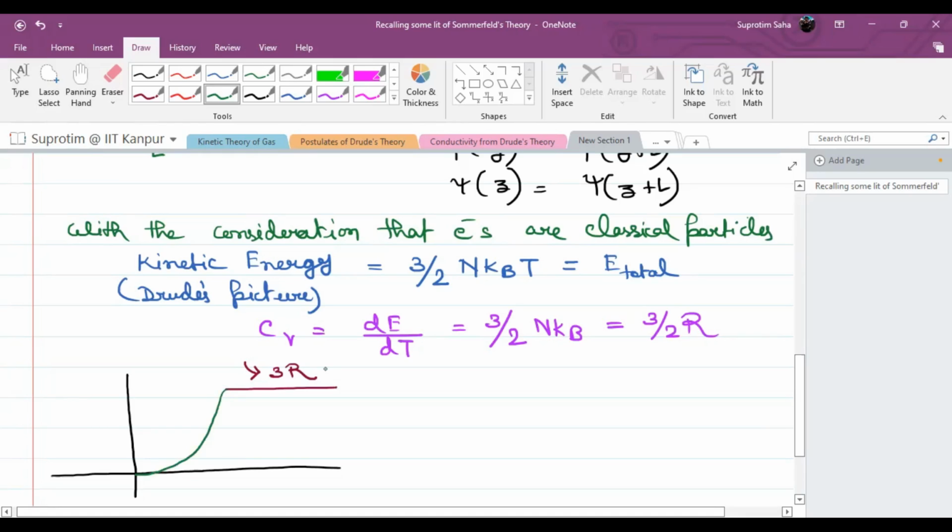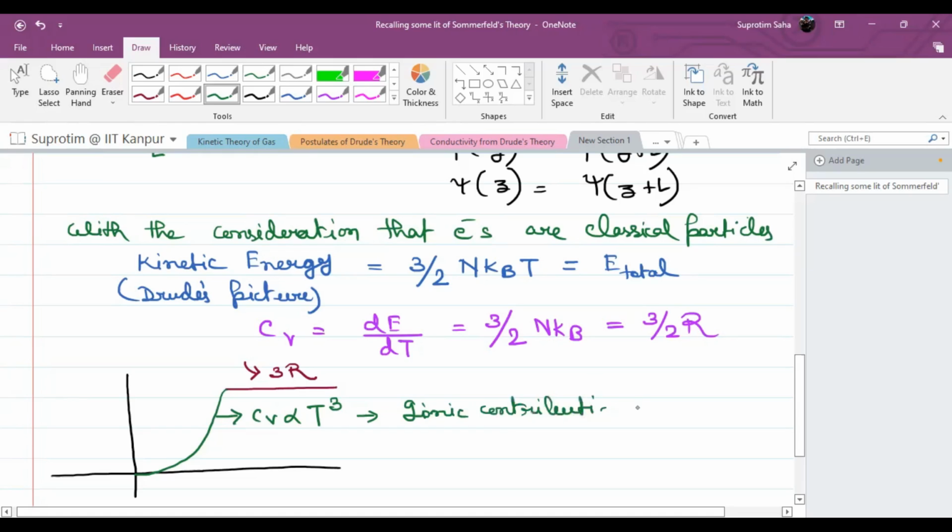So it went down slowly with temperature and attained the zero value. So this was T cubed, and this was the ionic contribution.